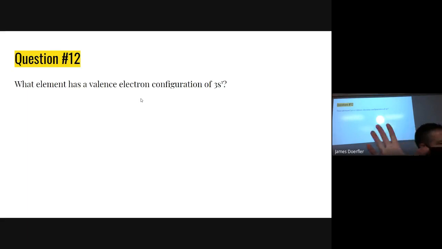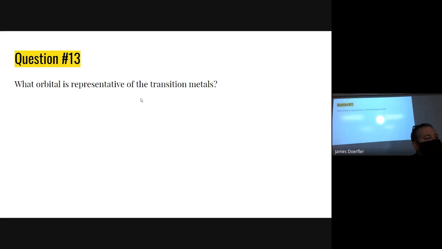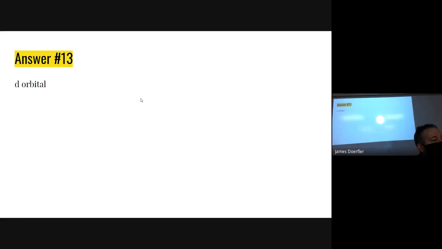Again, those valence electrons are those found in the outermost energy level. Question 13. What orbital is representative of the transition metals? Anybody know what orbital that is? D orbital.